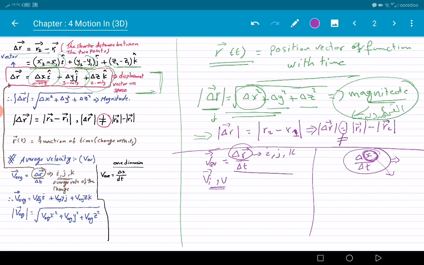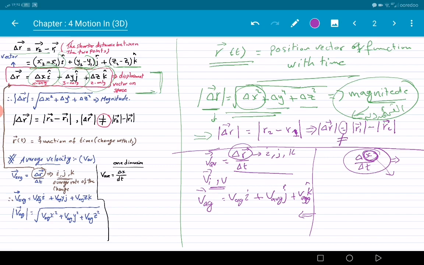So v average means v average at i, that means in x, plus v average at j, plus v average at k. So how can you find the magnitude?